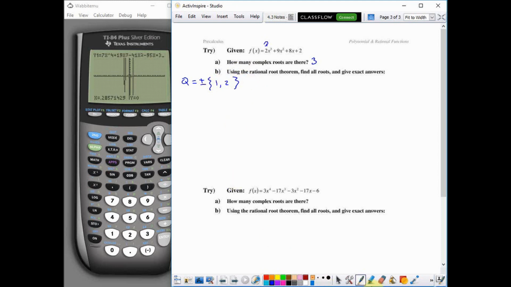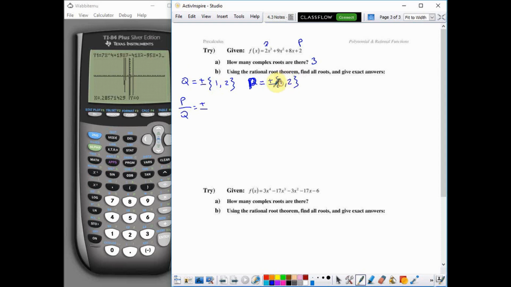And P is all the factors of the constant term, which is also 2. Okay, so P over Q is plus or minus all the P's over all the Q's.